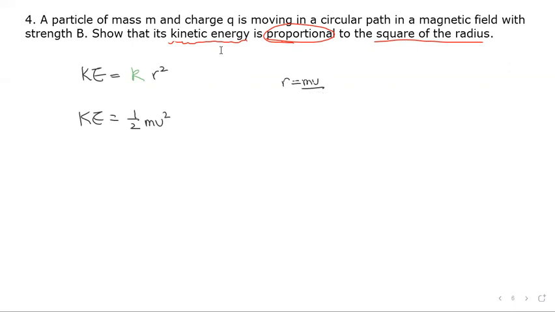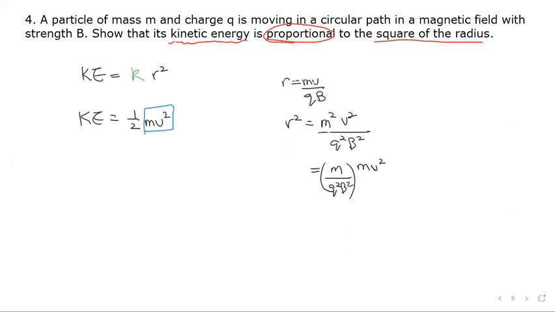So if r is equal to mv over qB, then r squared must equal m squared v squared over q squared B squared.